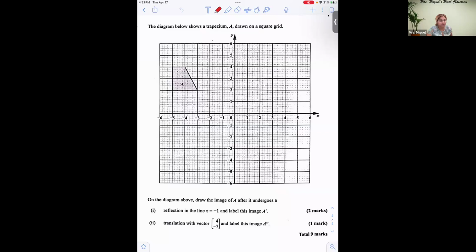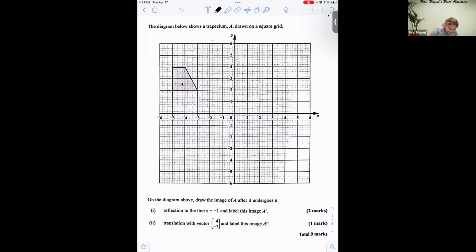What I would like you to do, this is my object. If you don't have the question, I would like you to draw the graph and you're reflecting this in the line x equal to -1.